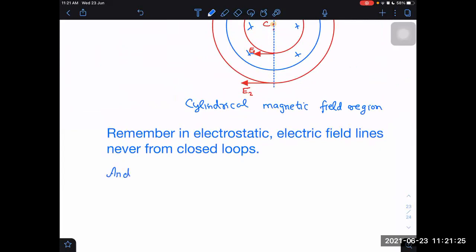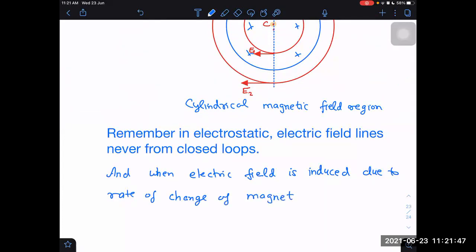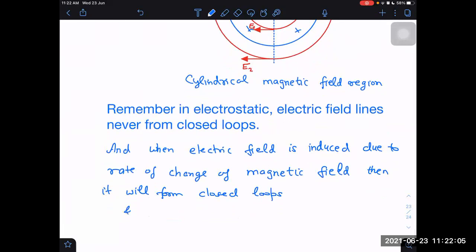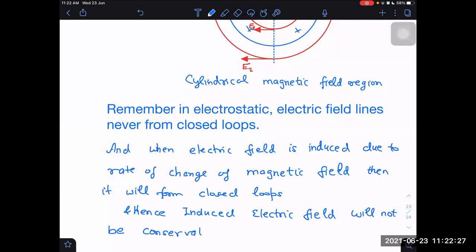And when electric field is induced due to rate of change of magnetic field, then it will form closed loops, and hence the induced electric field will not be conservative.